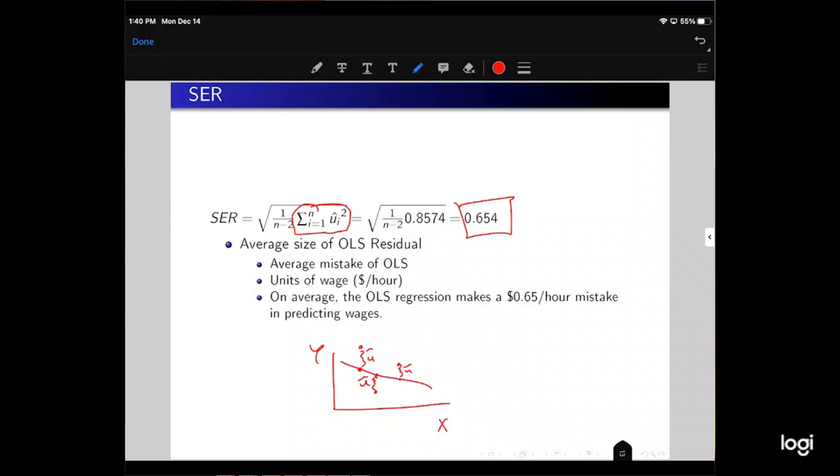It's the average mistake of OLS in predicting the data points. It's in units of the y variable, so it's in units of dollars per hour. So the average mistake is about 0.65 dollars, or on average, the OLS regression makes a 65 cent per hour mistake in predicting wages.